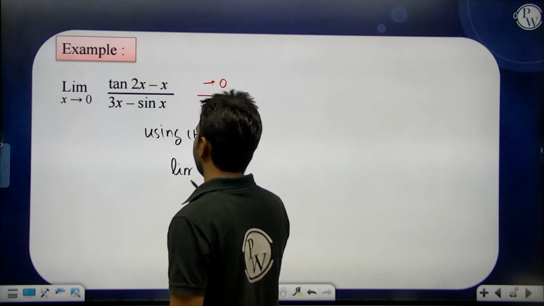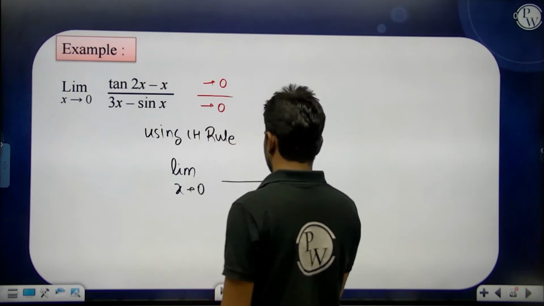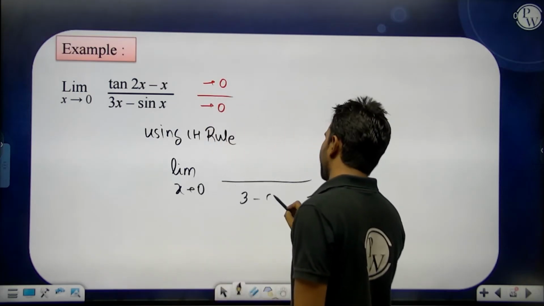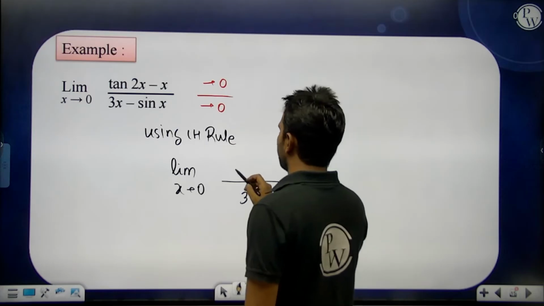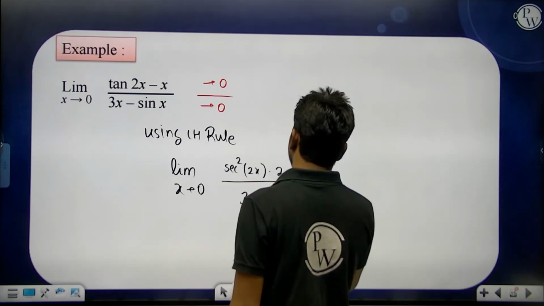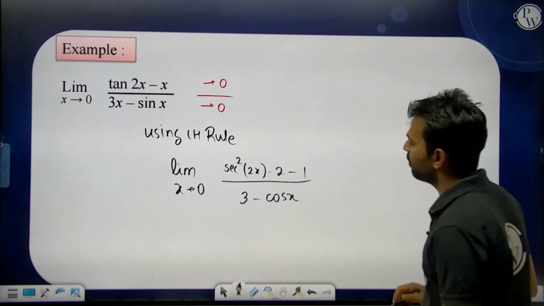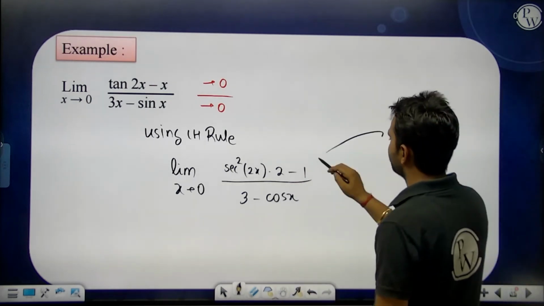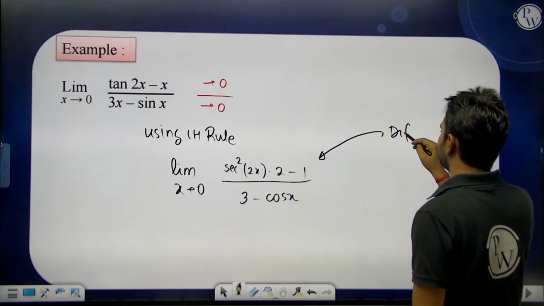So this is going to be limit x tending to 0, 3 minus, what is the differentiation of sin x? Cos x. What is the differentiation of tan 2x? It is going to be sec square 2x into 2 minus 1. So over here now there is no indeterminate form, so do direct substitution and get the answer.